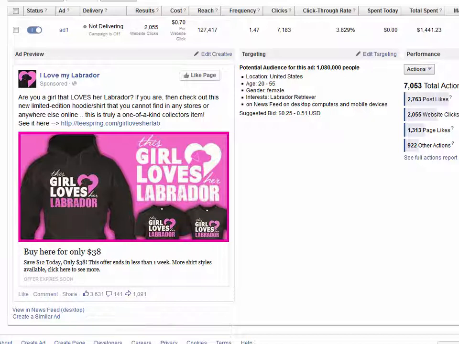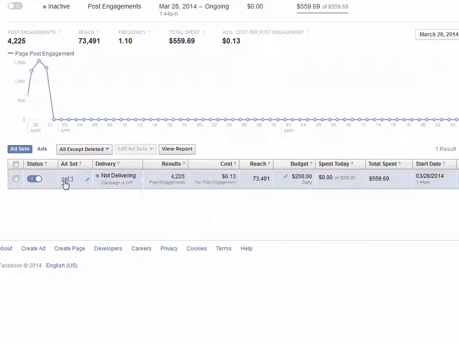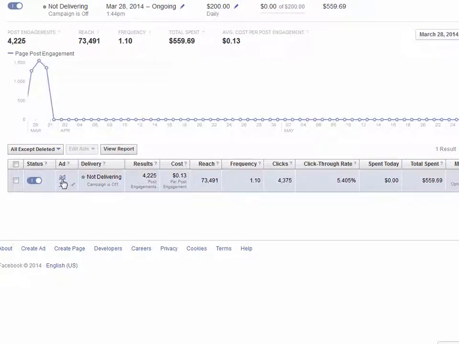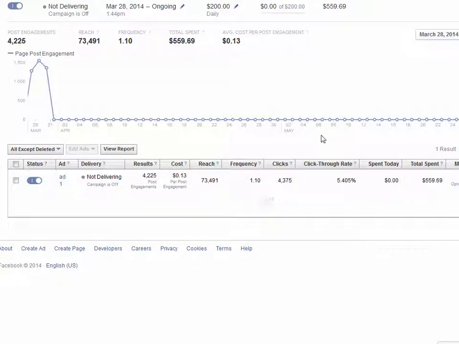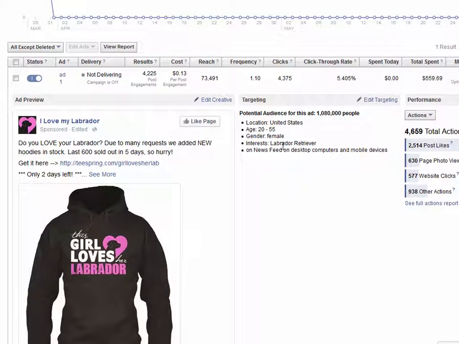Let's go take a look at the other ones there. We'll take a look at all of them. Labrador Retriever.